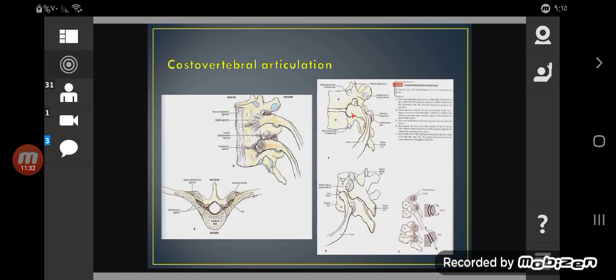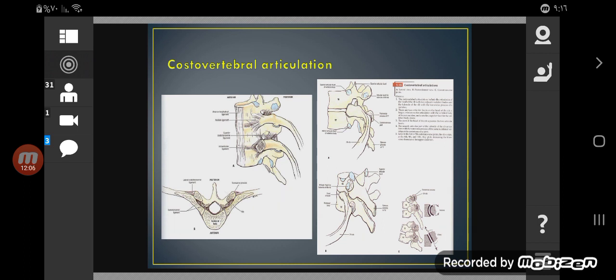Attachment with the intervertebral disc by the intra-articular ligament. This part of the head has a fibrous joint with the intervertebral disc, but the superior facet and inferior articular facet articulate with synovial joints with the two adjacent vertebral bodies.